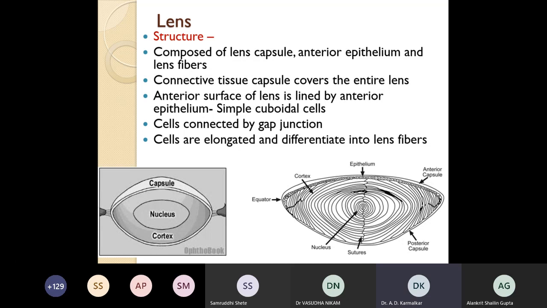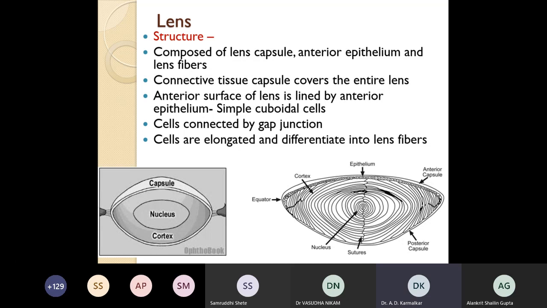These cells are connected with each other by gap junctions, and they get elongated and differentiate into lens fibers. These lens fibers are nothing but elongated cells of the anterior epithelium.